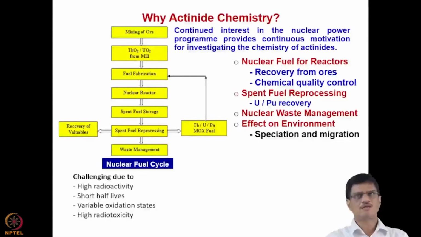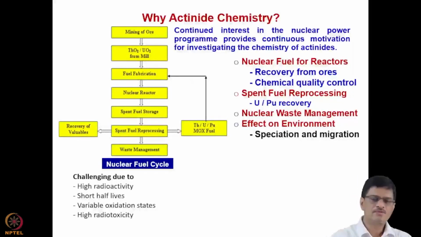So first I will give an example of why this nuclear fuel cycle. Here I have given a schematic of the nuclear fuel cycle, where we start with the uranium ore.